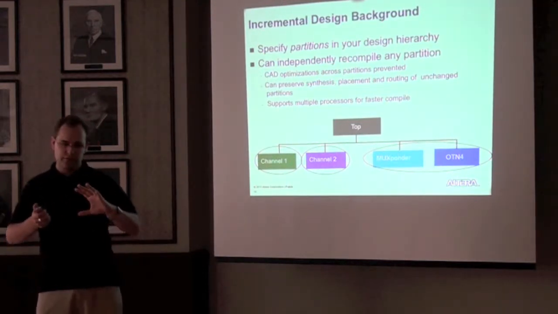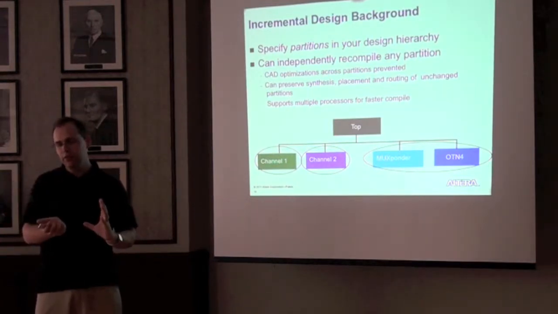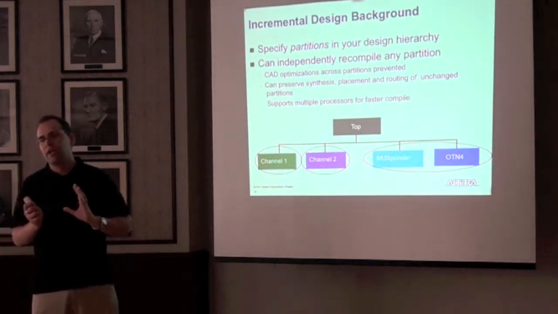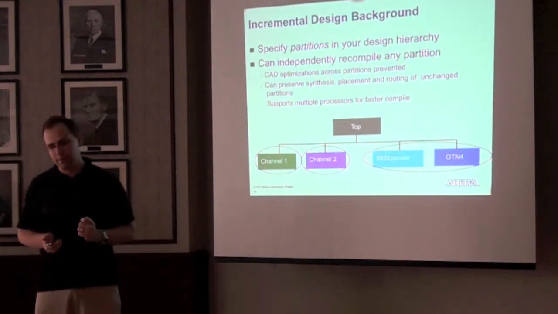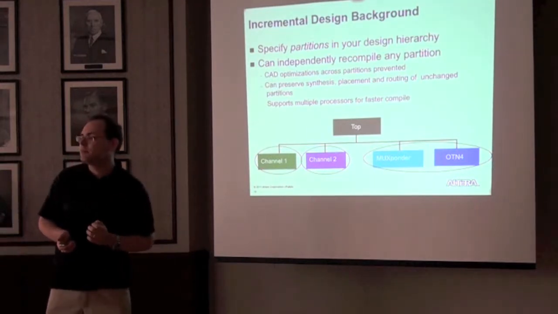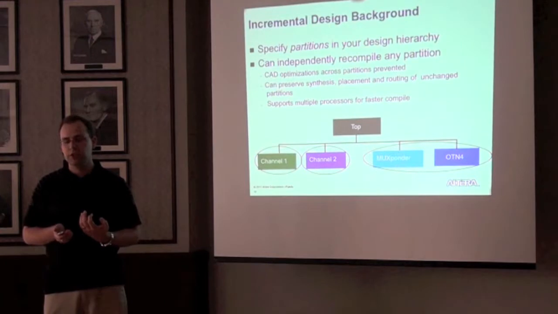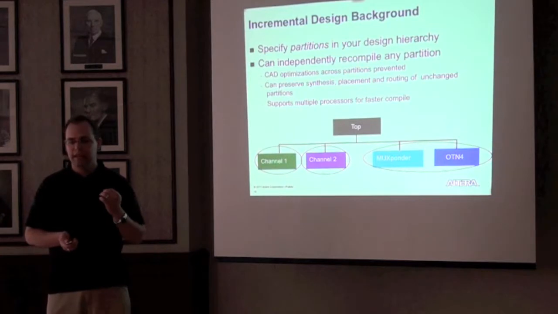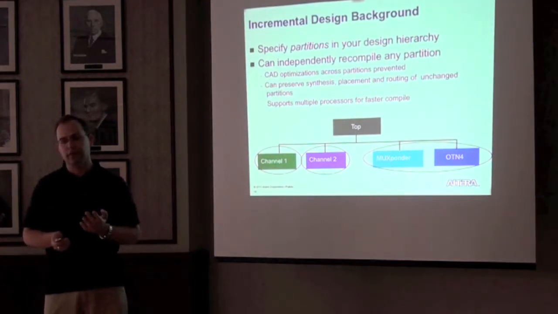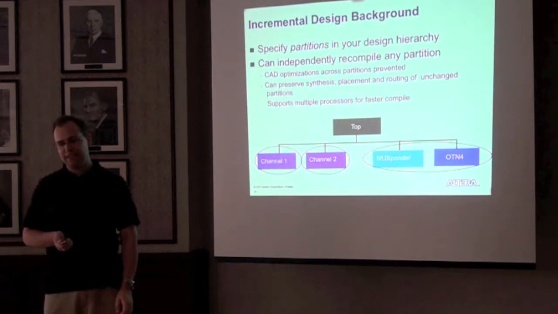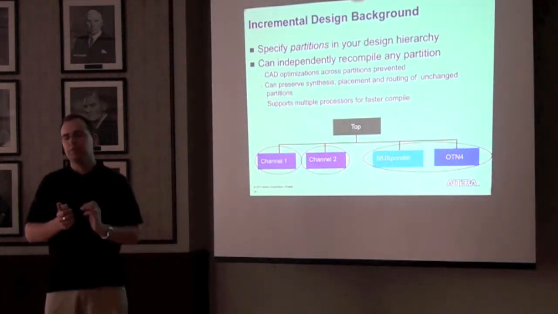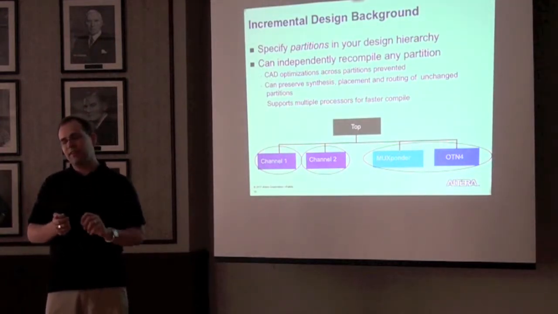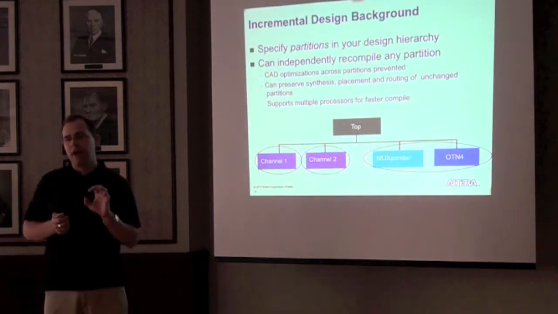This is important in order to ensure that we can generate all the bitstreams and make sure that they represent a consistent set of information that can be programmed into the device through the PR commands. As a side note, this incremental compile flow still supports multiple processors, so you can get the fastest possible compile. Incremental compile is much faster than a regular compile. In this case, this partition has 2 implementations, and then logically, you specify the design like this, and you can plug and play at a partition level.